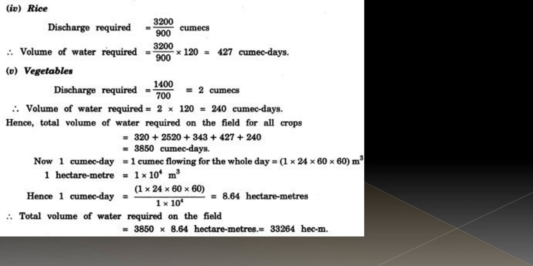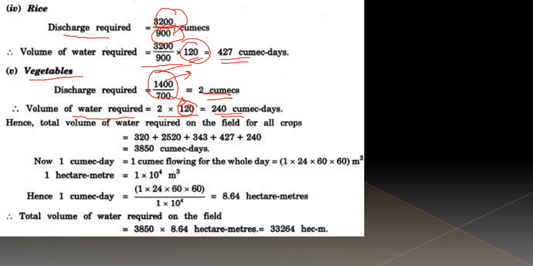After doing the calculation for rice, the discharge required is, area under rice 3,200 by duty 900, and the volume is this value multiplied by the base period of rice, giving 427 cubic days. For vegetables, discharge required is 1,400, the area under vegetables, by 700, the duty, hence 2 cumecs is required. Volume of water required is 2 into 120, where 120 is the base period of vegetables, and you will get 240 cubic days.